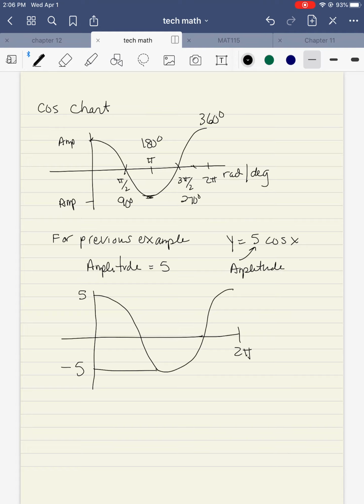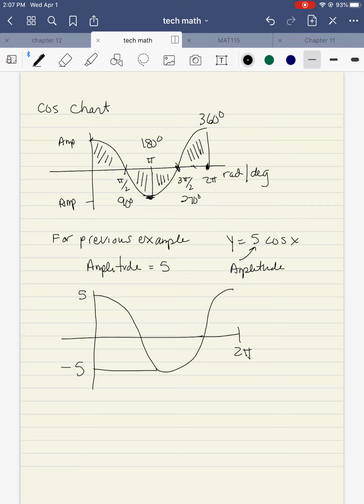It reaches the negative amplitude right here at pi, or 180 degrees, crosses again at 3 pi over 2, or 270 degrees, and finally finishes all the way around at 2 pi. It's broken up into 4 quadrants, and each of these 4 quadrants makes up one complete cosine.